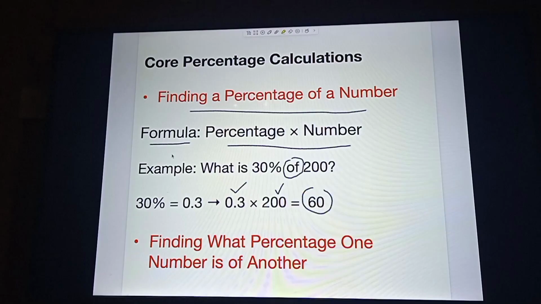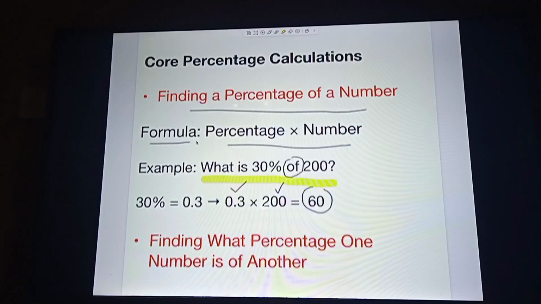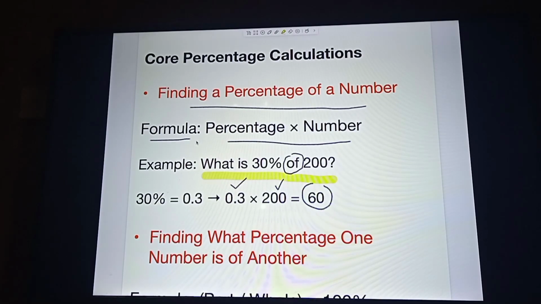In this example, what is 30% of 200? We learn how to find percentage of a number. So here we discuss 30% of 200.